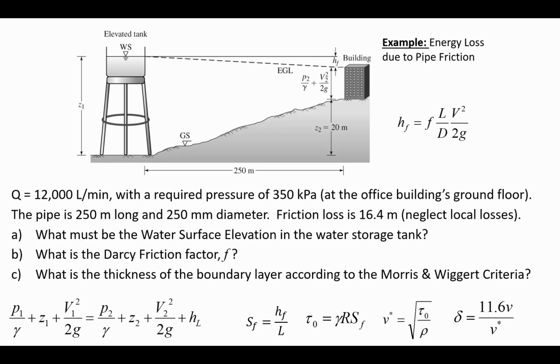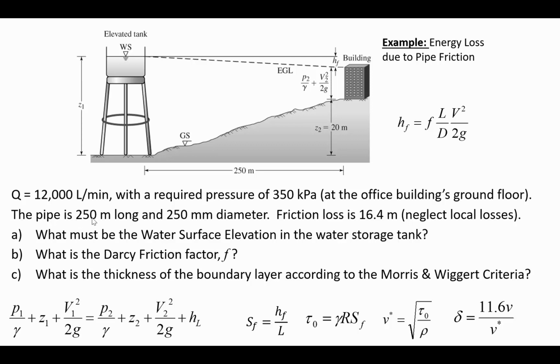Okay, so let's practice some of these ideas. We have an elevated water tank, and water is going to be flowing through a pipe at a rate of 12,000 liters per minute. And the required pressure that we need to meet at the building's ground floor is 350 kilopascals.